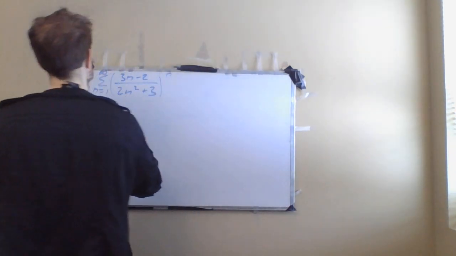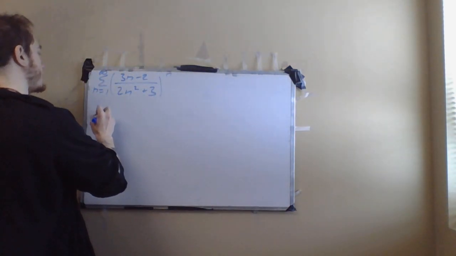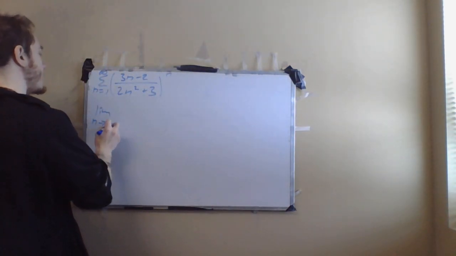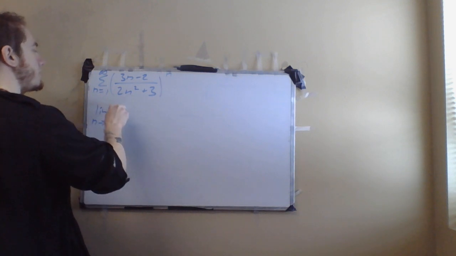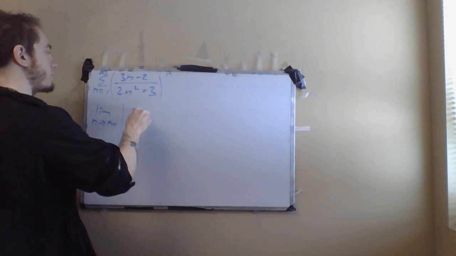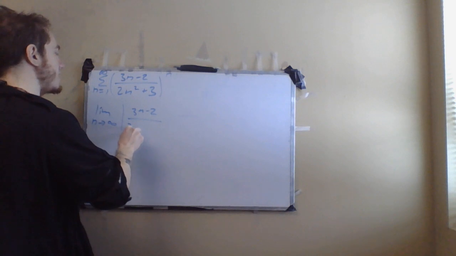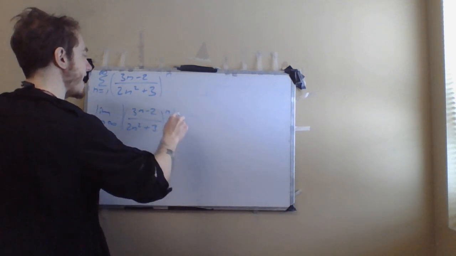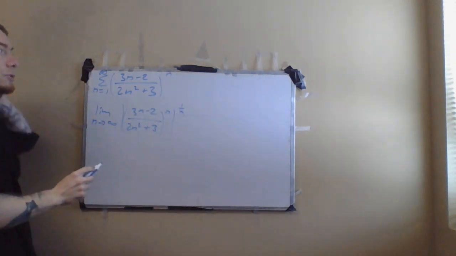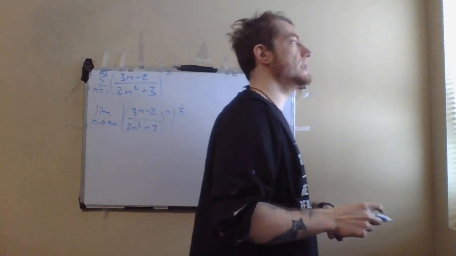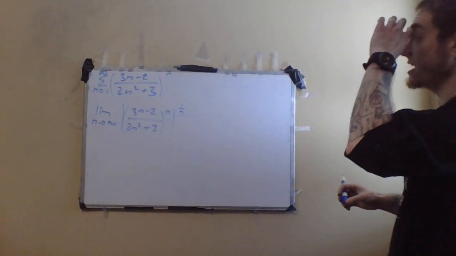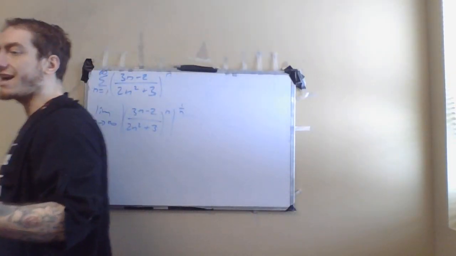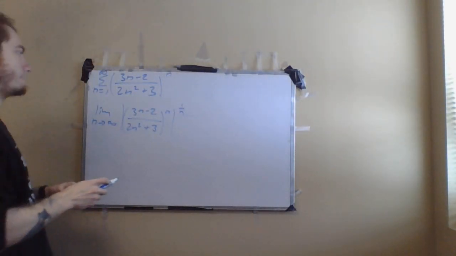So from the root test, if I look at the limit as n approaches infinity of the absolute value of (3n minus 2) divided by (2n squared plus 3), raised to the n, raised to the 1 over n, the root test works great here because it gets rid of the variable or the index in my exponent.